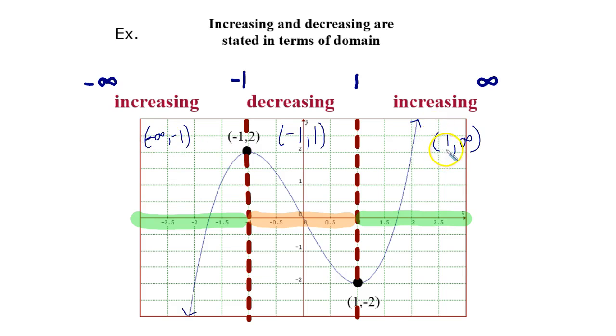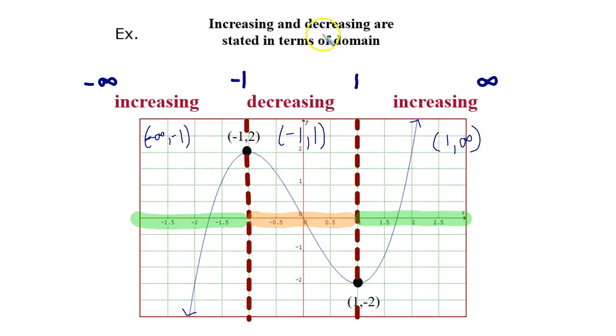The second interval of increase is from 1 to infinity, and then we only have one interval of decrease. I've added some lines here to break up the graph and some shading with highlighters so that you can see the differences. But you just have to remember: what is the x value, the domain value, where it changes direction? As long as you identify those, finding these intervals can be fairly simple.